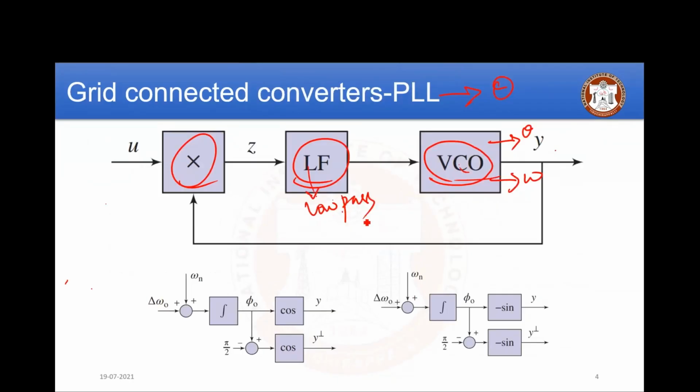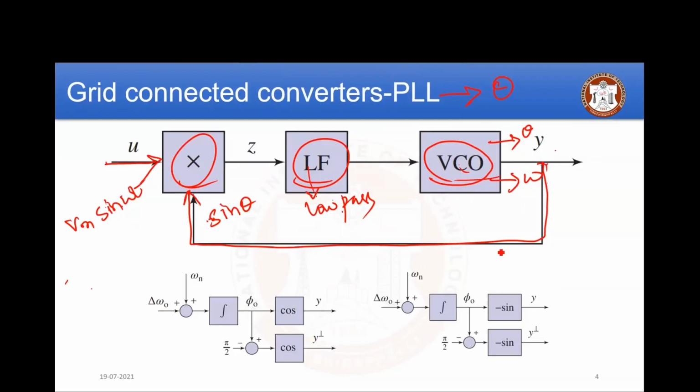What we get is U, which is some Vm sine omega t format. Let us assume this is my current tracking of the network and I am giving it to this. This one is also something like sine theta.